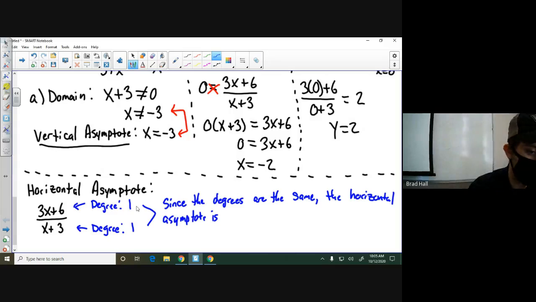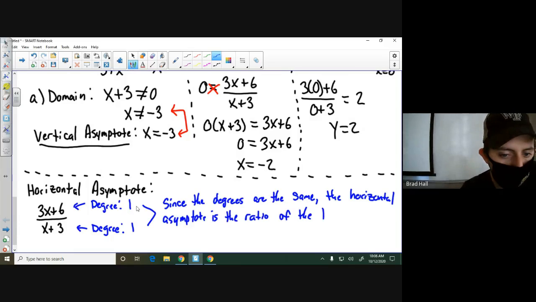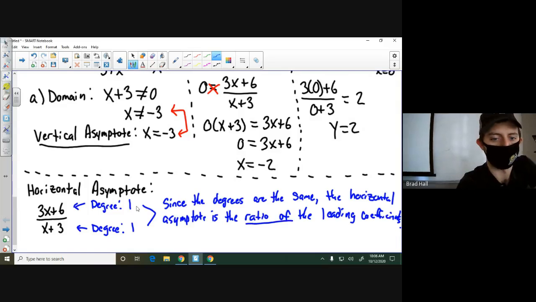This one is going to be the ratio of the leading coefficients. It's the ratio of the leading coefficients.